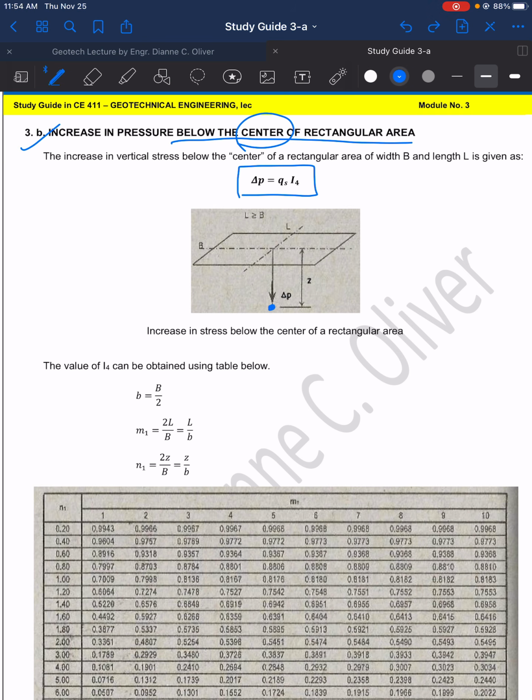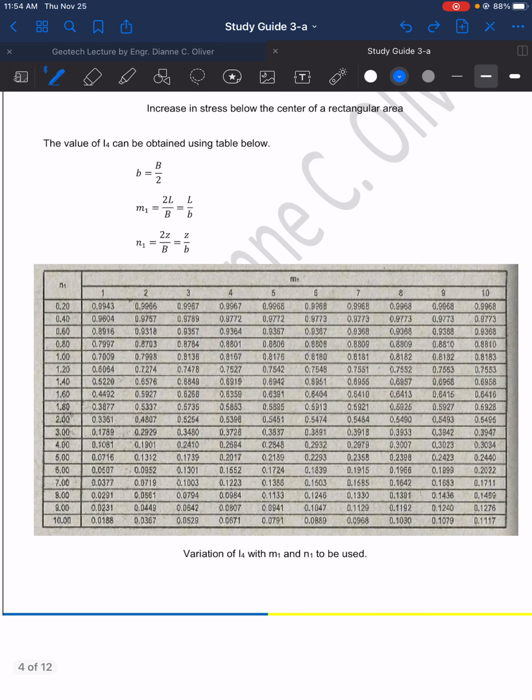To compute for I sub 4, we need this table, the table for I sub 4, and we will use here the M sub 1 and N sub 1. Computing for M sub 1, we have twice the length L divided by B, and then N sub 1 is twice the depth divided by B.